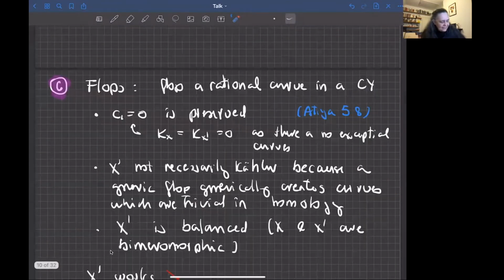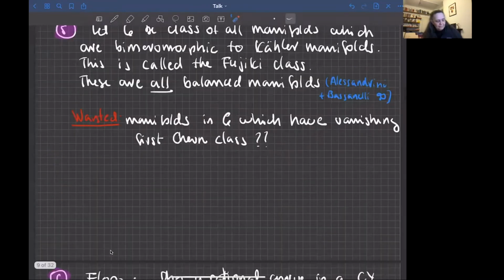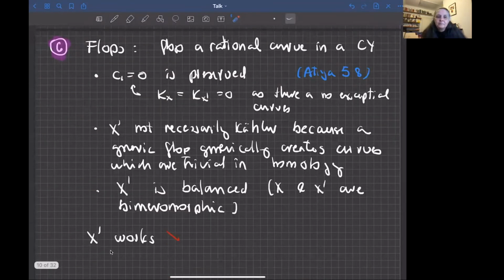The next example: I can tell you that I know what to do with this question in one case, which has to do with flops. A basic example of a bimeromorphism: you take any Calabi-Yau manifold, take a rational curve inside it and flop it, right?